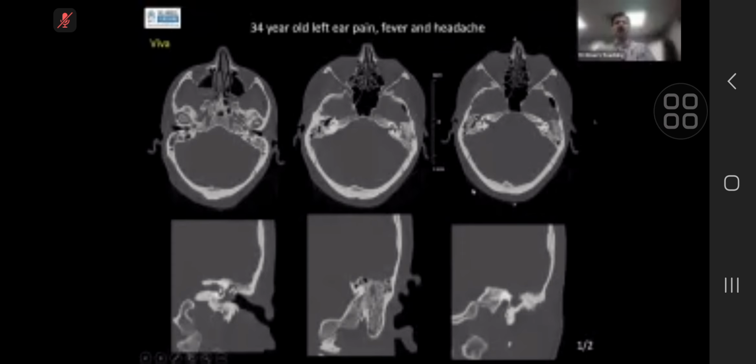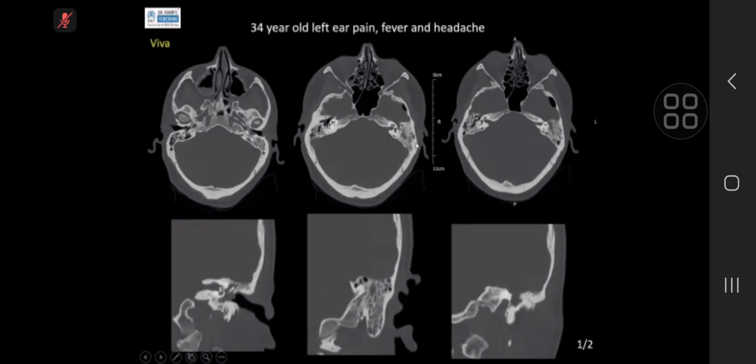Now, this on the other hand is a classical exam case. Because of time factor, I'm going to talk through a few findings, and then I will ask you, candidate 3. If you see here, clinically the patient had a lot of ear pain, fever, and headache.